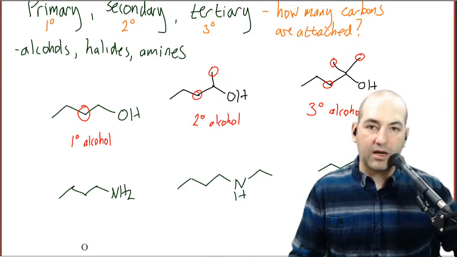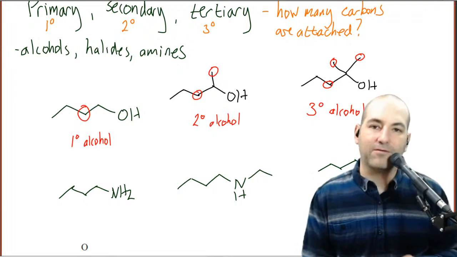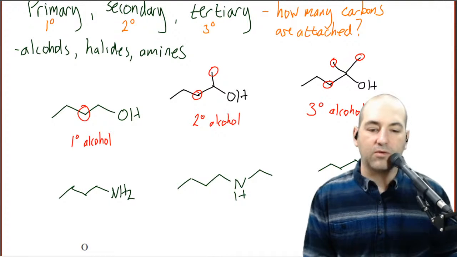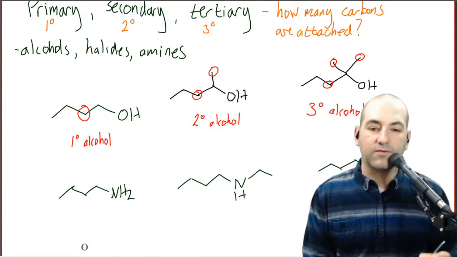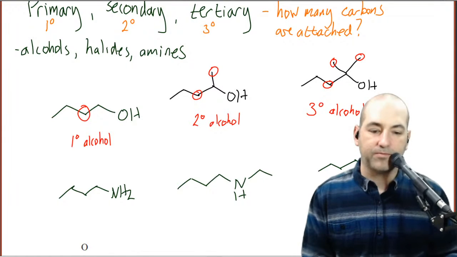If you were in an organic chemistry class, you would look at the different reactivities of different types of groups, and go through and look at those different reactions. So for us today, we're just going to look at one example.